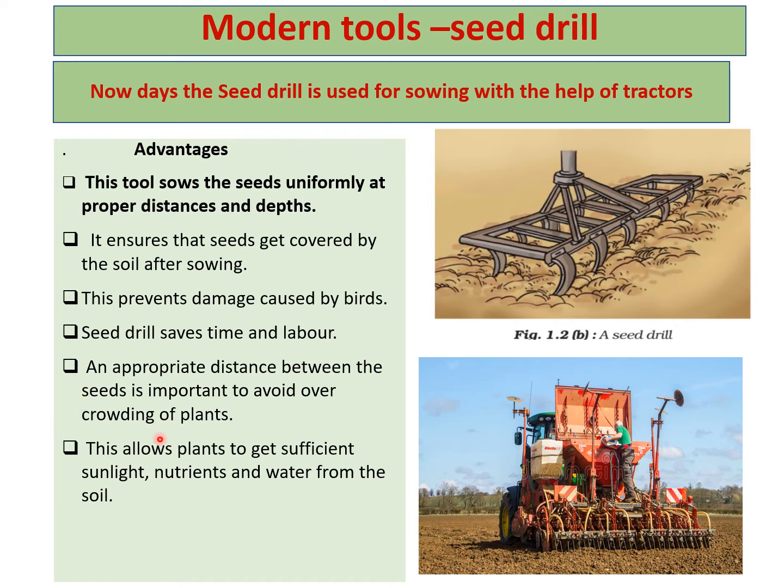And one of the major advantages is that an appropriate distance between the seeds is important to prevent overcrowding of the plants. So seeds are put at proper distances so that there is no crowding of plants. This allows each and every plant to get sufficient sunlight, nutrients and water from the soil.